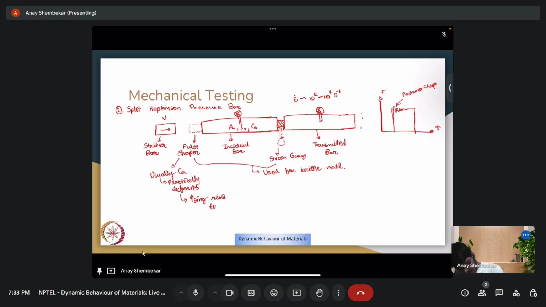As a result, you end up getting a stress pulse which has a longer rise time and ends up becoming smoother.